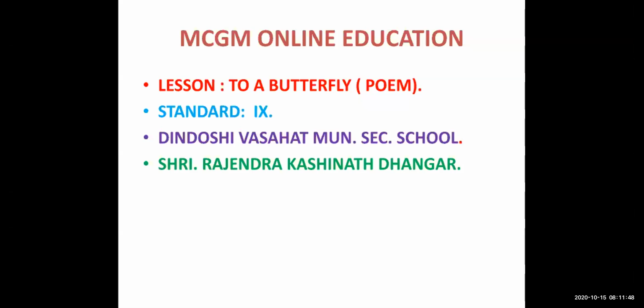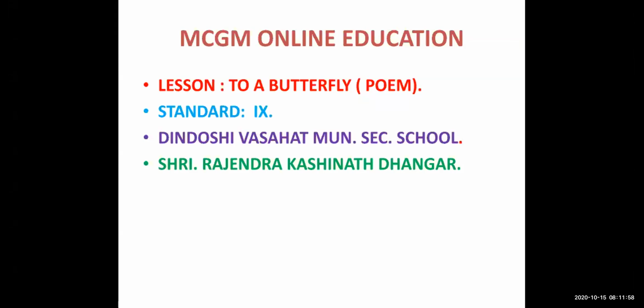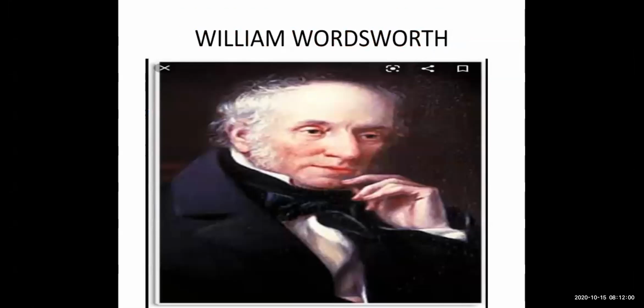Now these days we go for a walk in the garden. What do we see? We see some trees as well as bushes in the garden. We see green grass in the garden.